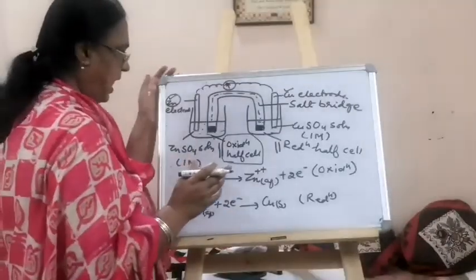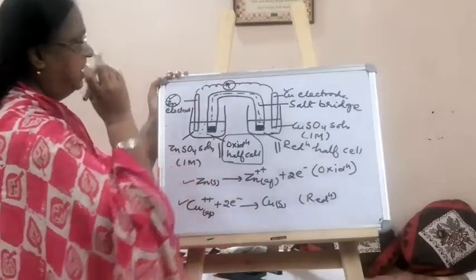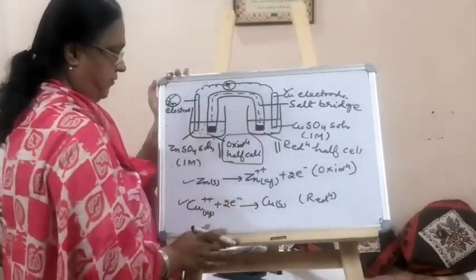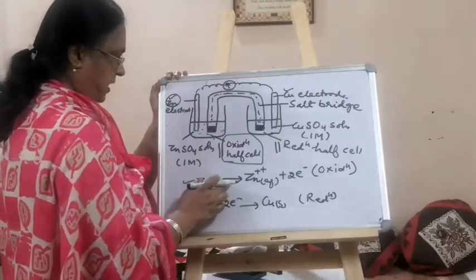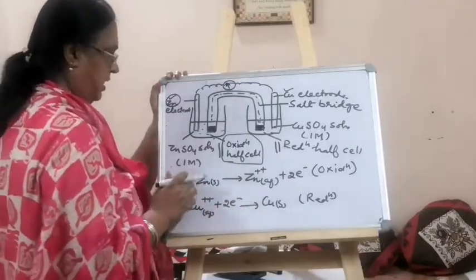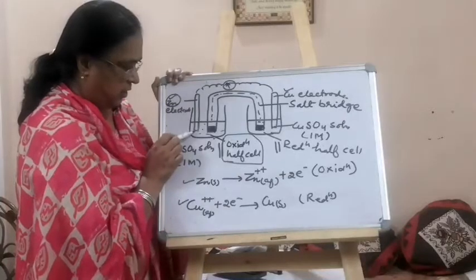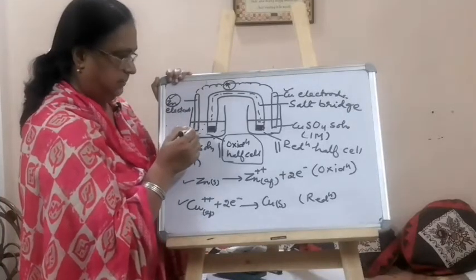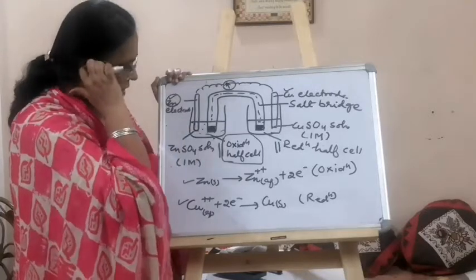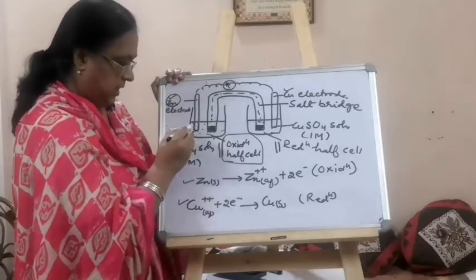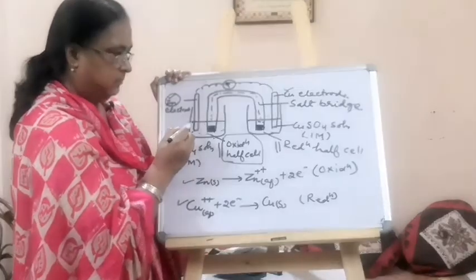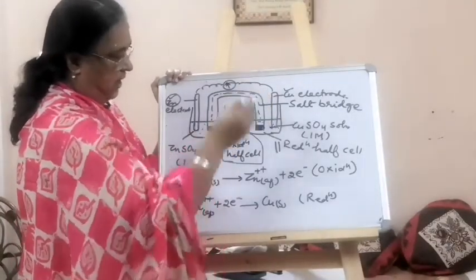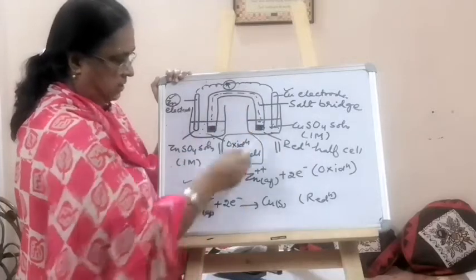Okay, now we come to the next thing. This is one half reaction, this is another half reaction. Now look here, zinc solid is turned into zinc ion, and electrons are gathering here, so the concentration of electrons will be more. Here the electrons are being taken into the solution and copper is getting deposited.